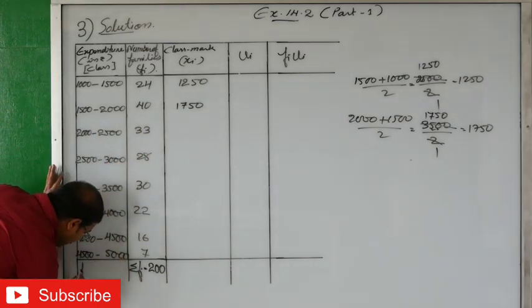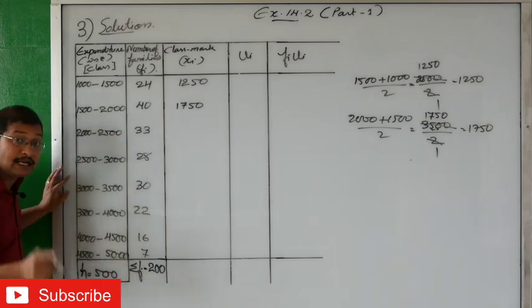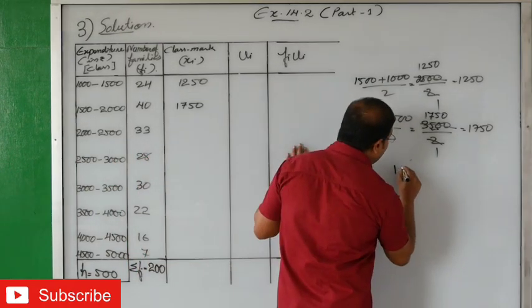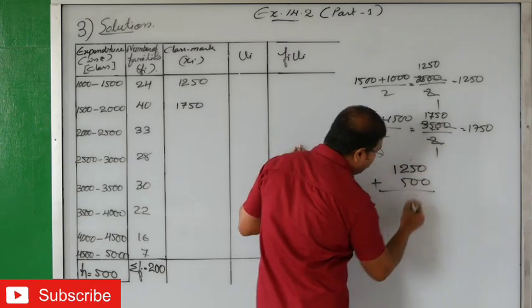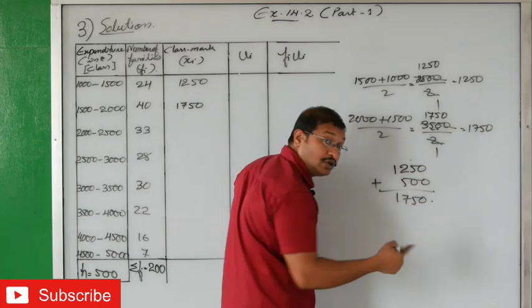That means you are getting class interval H equals 500. So we got class interval H is 500. That means what you will do? You got it already the first step. 1250 plus 500. What you got? 1750. That is the second class mark. Now the third one what you will do?